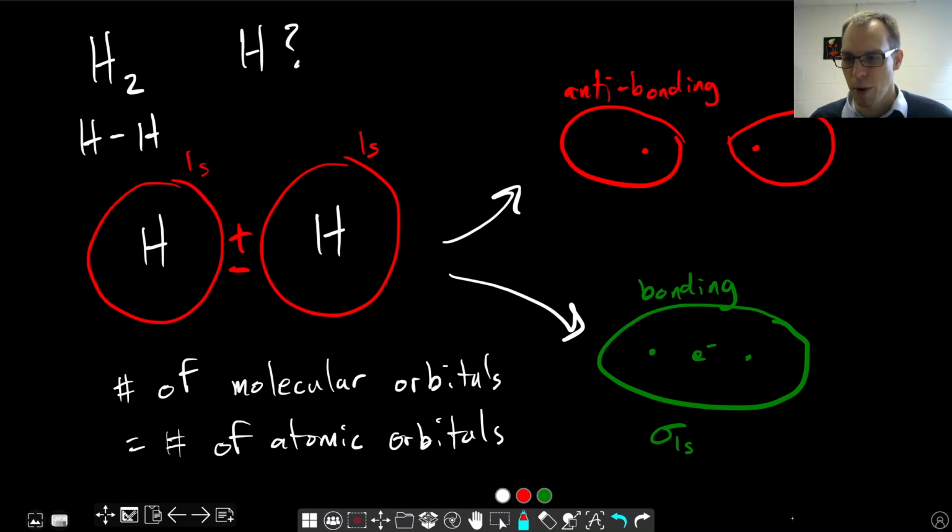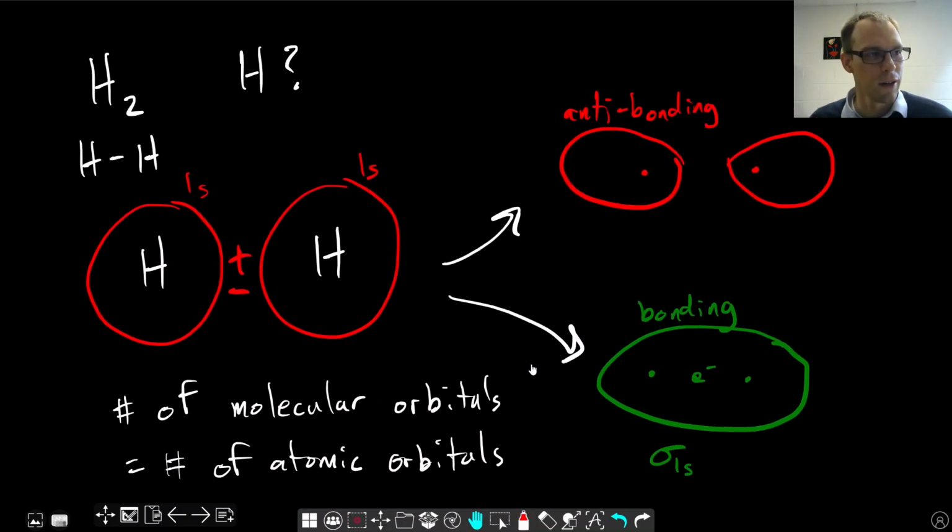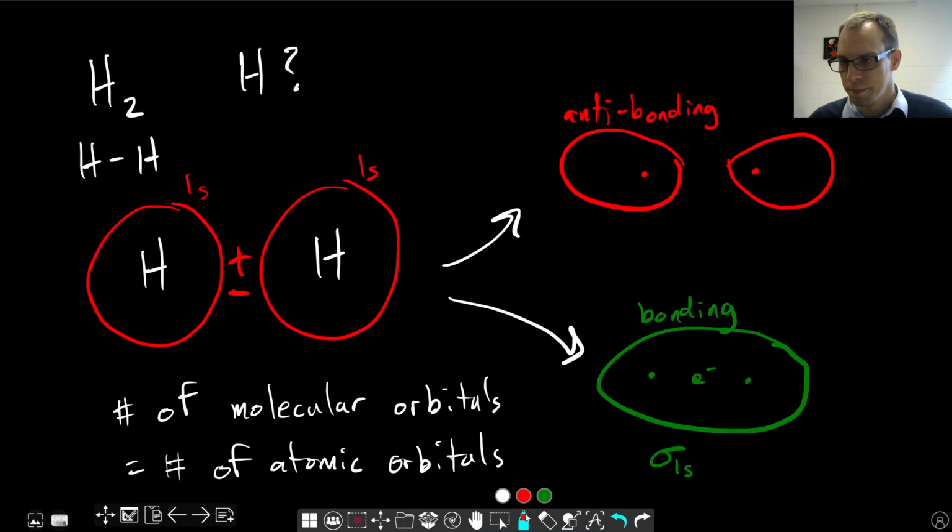I'll try and move this away from behind my face here. There we go. And we call this one a sigma star. So we put an asterisk next to it. And it still came from 1s orbitals. So the anti-bonding orbital is higher in energy, tends to cause the molecule to split apart.